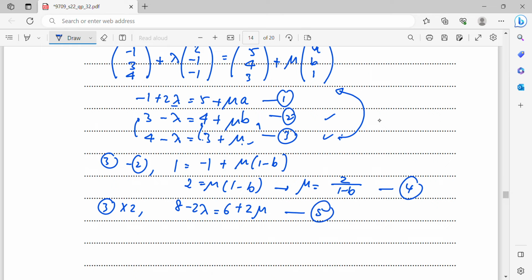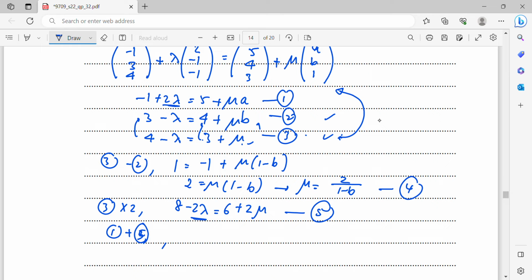So now instead of using third and first to solve the next equation, I am using fifth because the fifth comes from third. So now I have plus 2 lambda from the first equation and minus 2 lambda from the fifth equation. So to eliminate the lambda, I will add these two equations together. So first plus fifth.